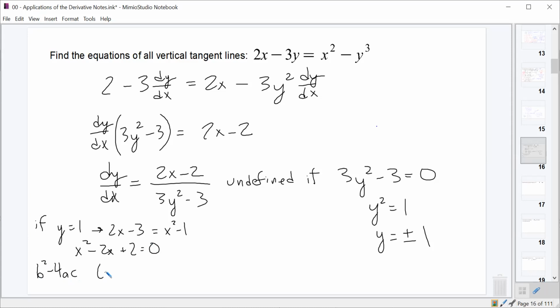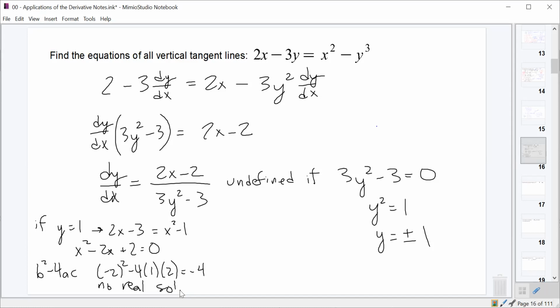So that'd be negative 2 squared minus 4 times 1 times 2. That's 4 minus 8, or negative 4. If the discriminant is negative, you know there are no real solutions. So there should be no point on here where y is equal to 1.